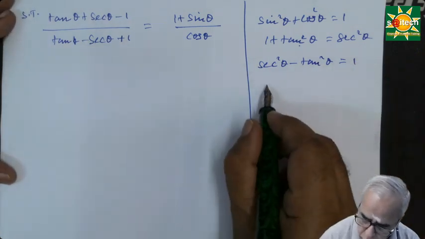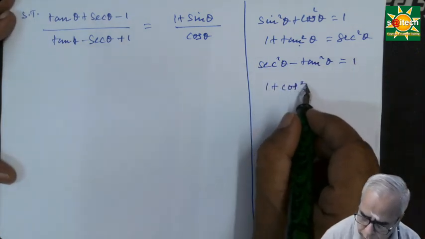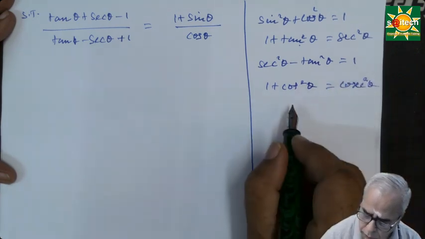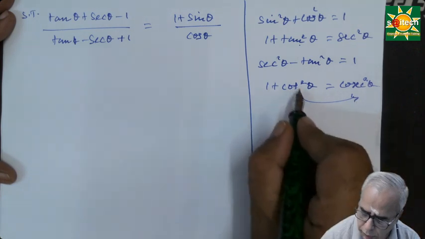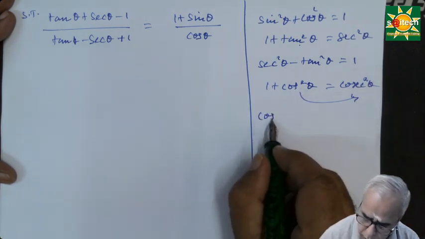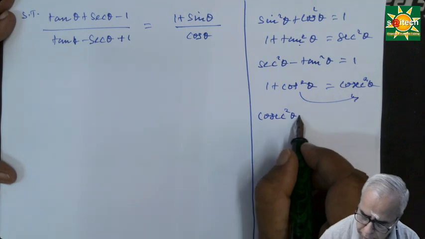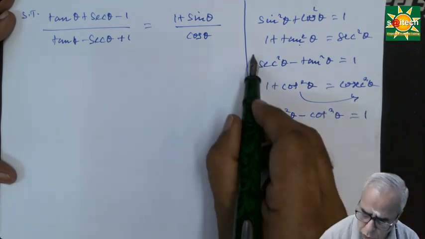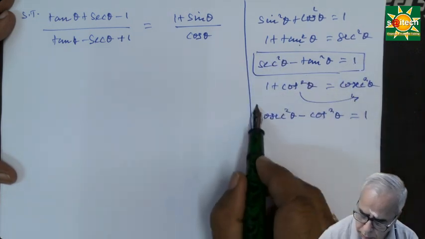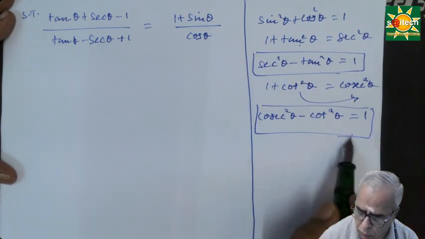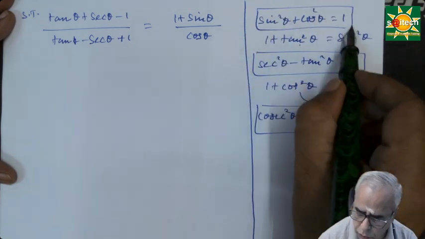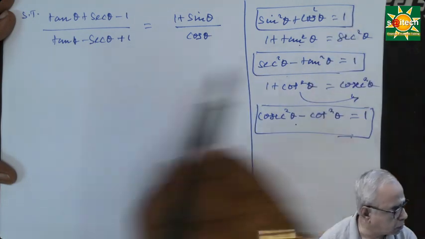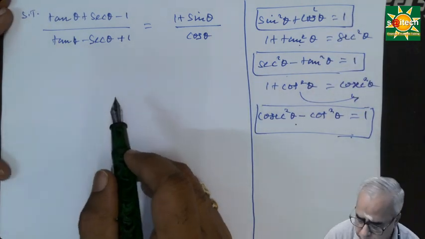Similarly, we have 1 plus cot squared theta is equal to cosecant squared theta. So we can bring this cot squared theta to the other side, so that you will get cosecant squared theta minus cot squared theta is equal to 1. So you have to remember these two derived formulas also. So these 3 formulas give you 1 on the RHS. Do you understand this? Right.